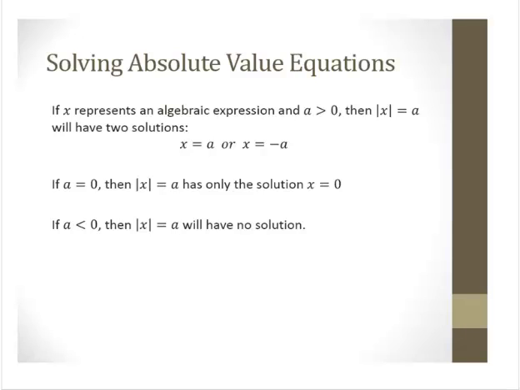If a is equal to 0, then absolute value of x equals a will only have the one solution at x equals 0. And if a is less than 0, then absolute value of x equals a will have no solution. These are the same ideas we just saw using that graph.